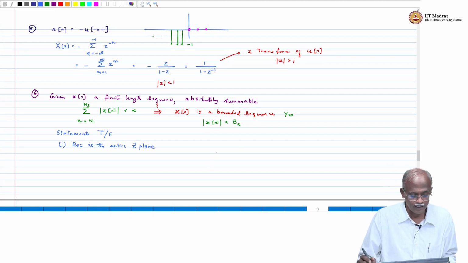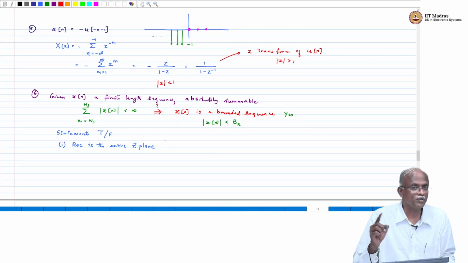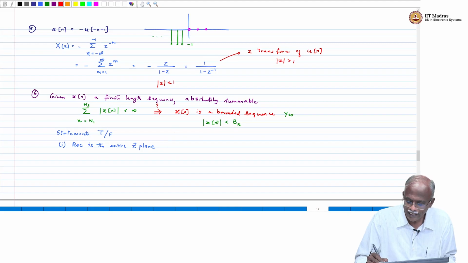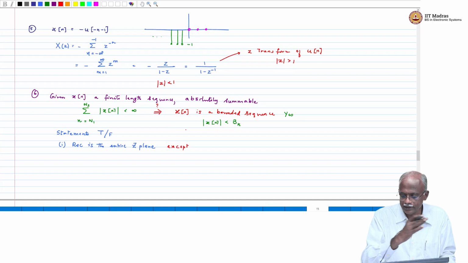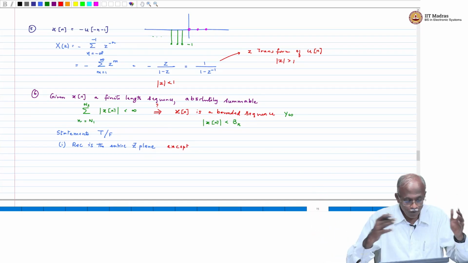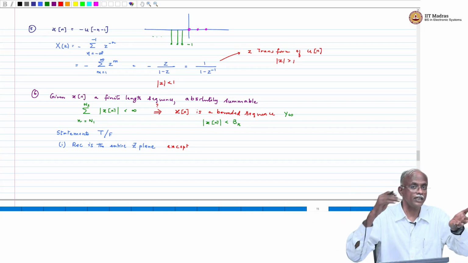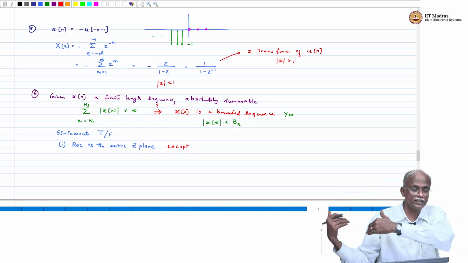Okay, you have to add something before you can make a statement whether it's true or false. You have to say it will probably exclude, right? It is a finite length sequence, so the entire z plane is the correct answer. However, z equal to 0 and z equal to infinity have to be assessed. If there are negative powers of z, 0 will be excluded.